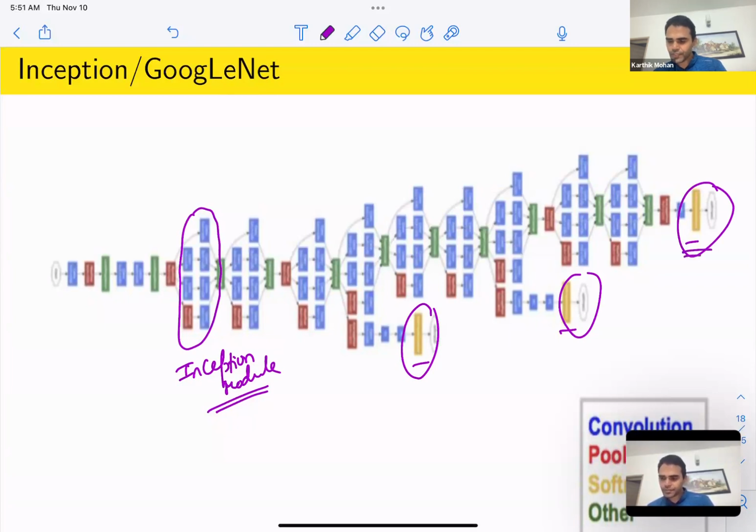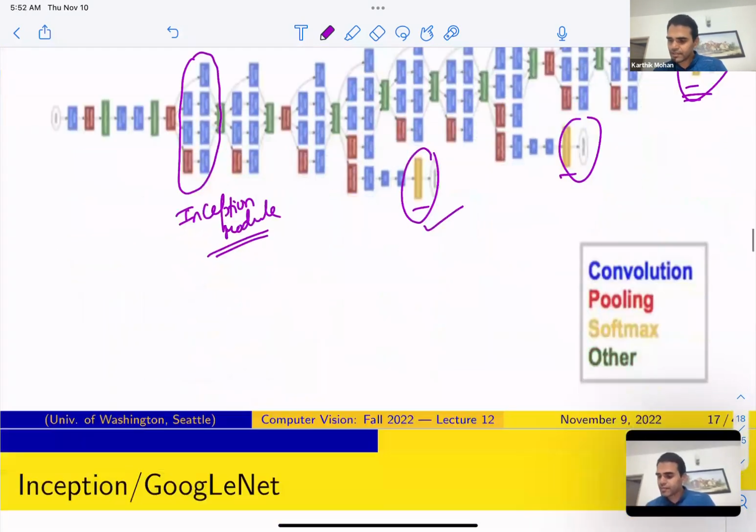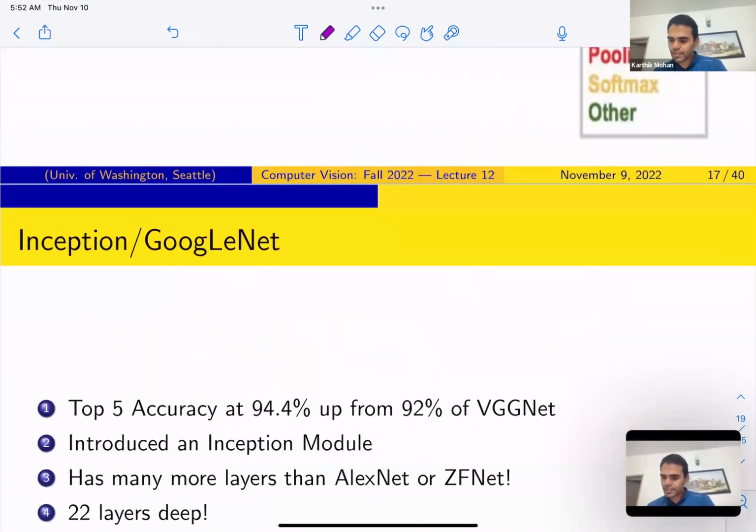This is a quirk of the Inception model; we don't see it in other models. The idea is that if you want to predict early and don't want to wait for the result at the very end, you can do that. It may not be the most accurate, but you can still get a result. So that's Inception or GoogleNet.